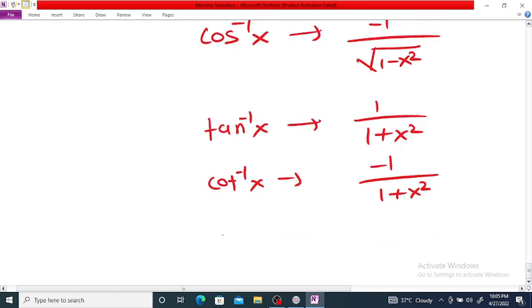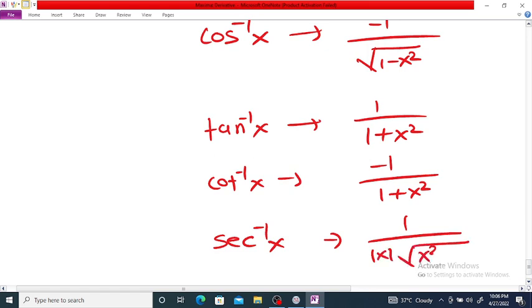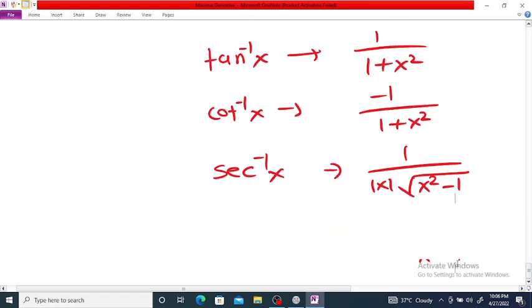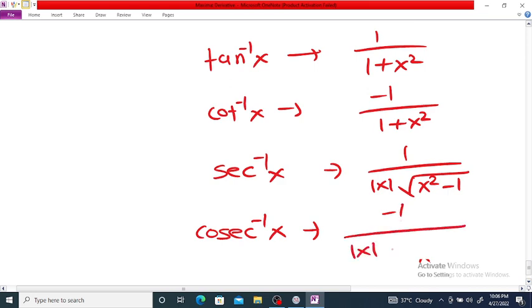Then next, for sec inverse x, it is equal to 1 divided by mod of x into square root of x square minus 1. For cosec inverse x, it is equal to minus 1 divided by mod of x square root of x square minus 1.